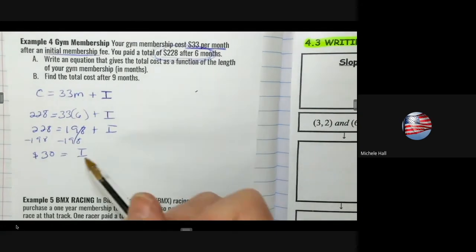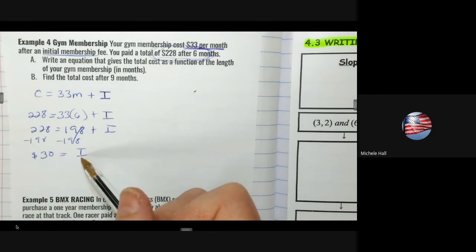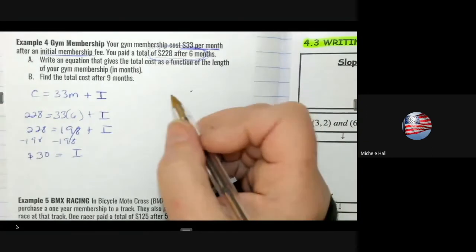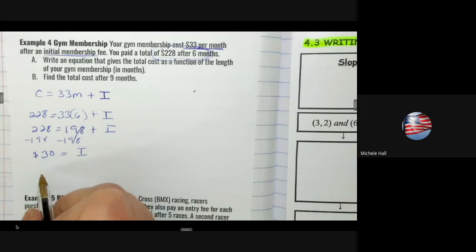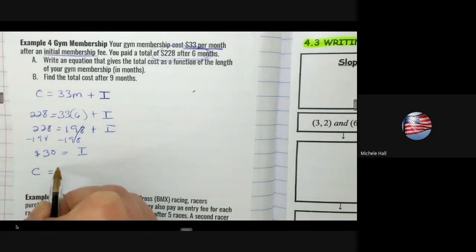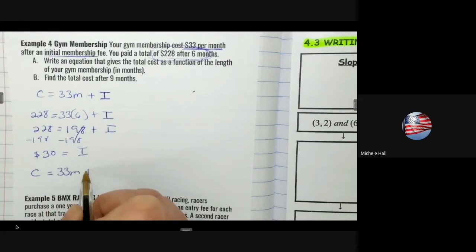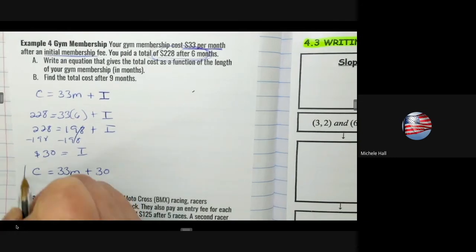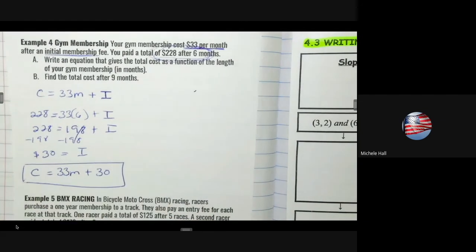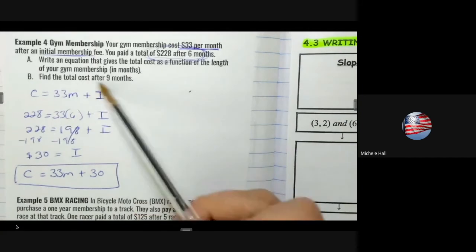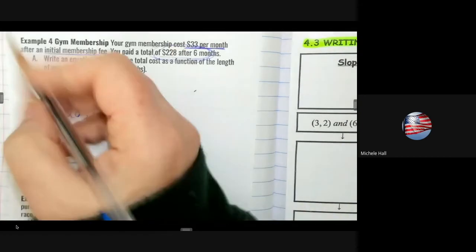Now that I know the initial fee was $30, I can write an equation. That equation then will be C equals $33 a month plus the $30 fee. That is the cost for the gym. Now, find the total cost after 9 months.